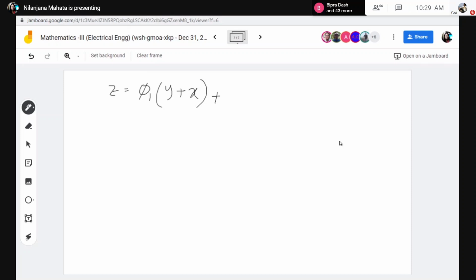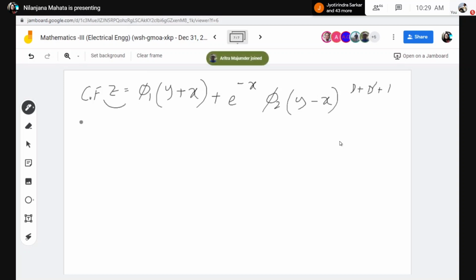And for the next, that is D plus D' plus 1, your c is 1, so there will be a term e to the power minus c by a, a is 1, so this will be minus x, and that will be phi 2, and this is y, and the coefficient is plus 1, so this will be phi 2 of y minus x. This is the complementary function CF. CF is equal to this. So you will be able to find it.